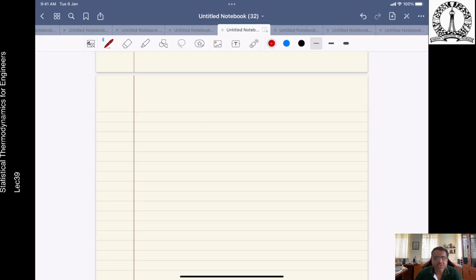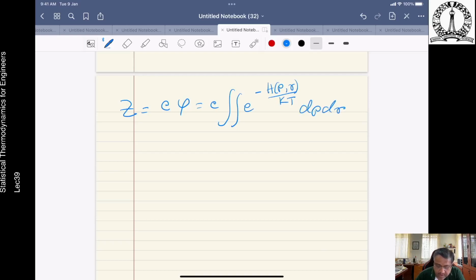So we just now saw that, we write it once again, Z is equal to C times the double integral of exponential of minus H over kT dP dq.